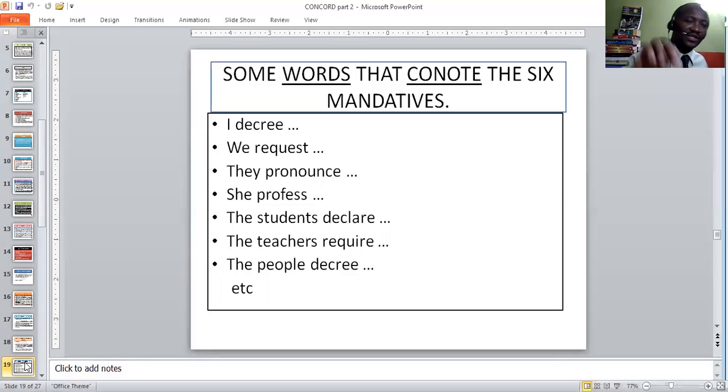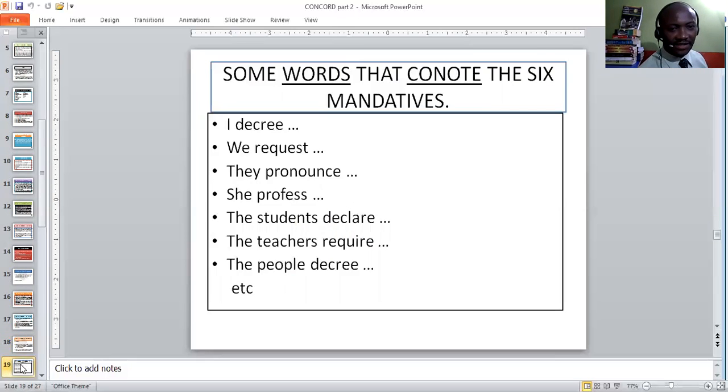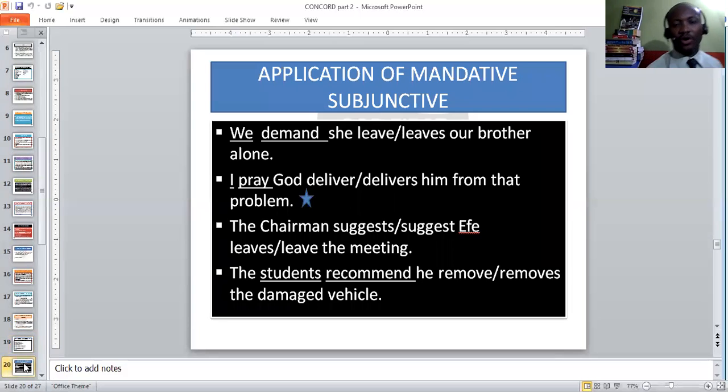So these are those synonyms that resemble the ones we've mentioned earlier on. 1, 2, 3, 4, 5, not 6. Prayer, wish, demand, suggestion, resolution. Those decree, suggest, maintain, require, declare are those things that look like them and must take plural verbs.